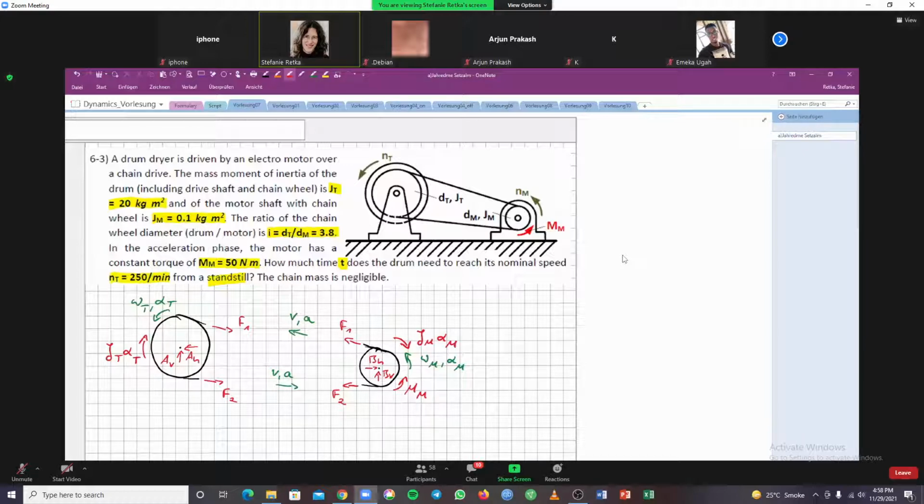So it makes no sense to state these equilibrium conditions. Then we should only state the equation for the resulting moment, the sum of all moments with respect to the center of rotation in this case. Then we have two equations there.